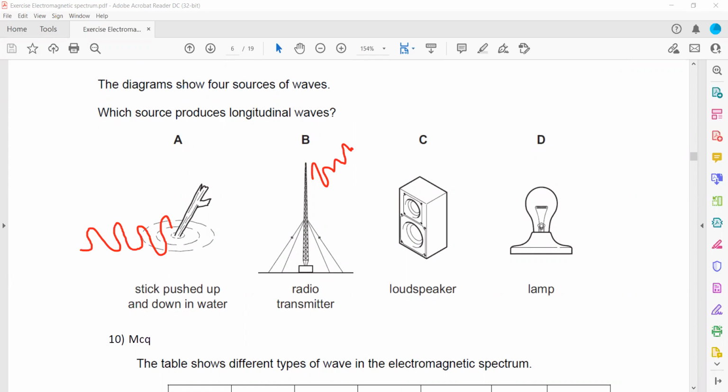And sound from a loudspeaker produces vibration of the particles, and that vibration is parallel to the direction of the wave. And light waves are transverse in nature. So option C is the right answer, in which the particles vibrate parallel.